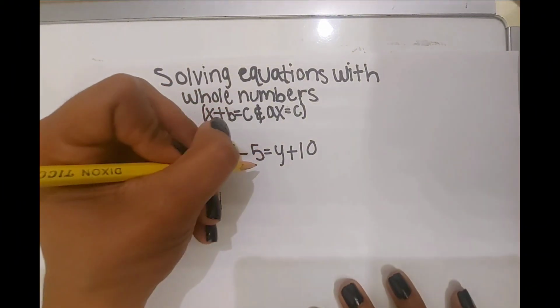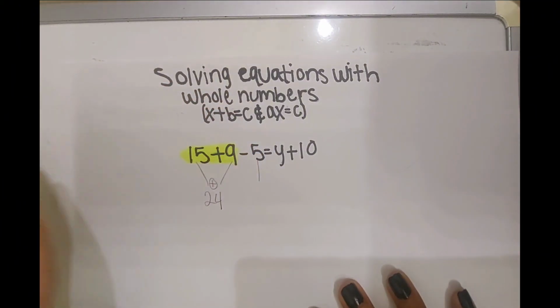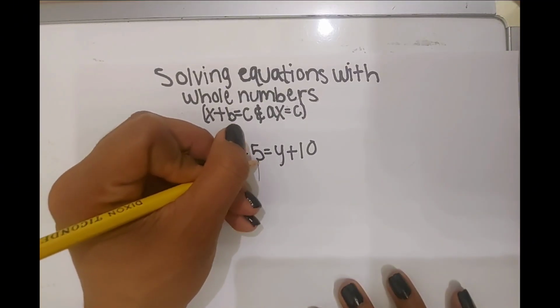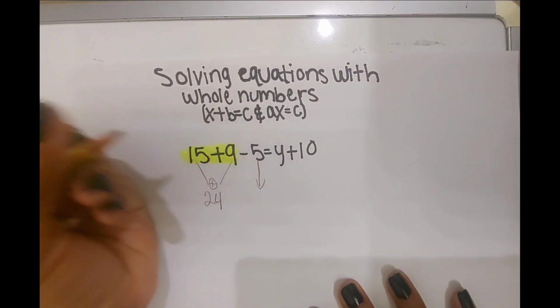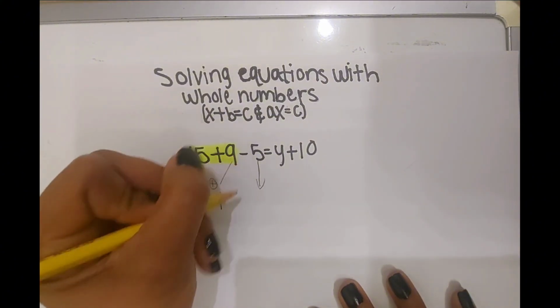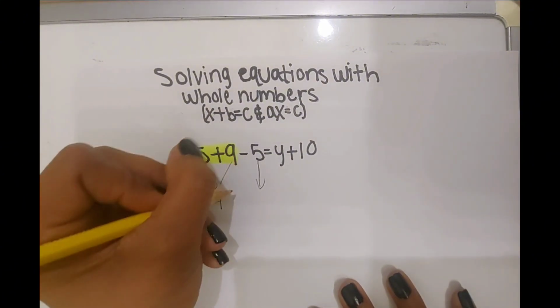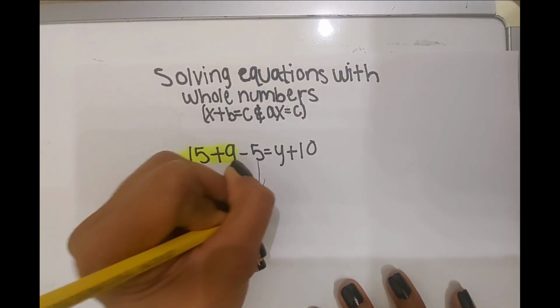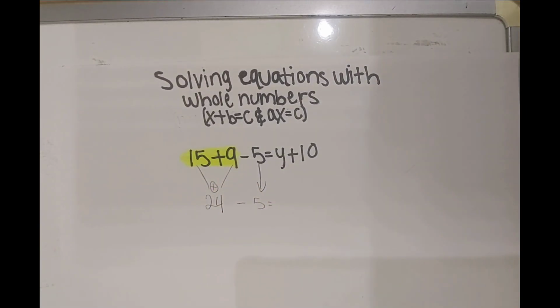Then what you do is you bring down these two. You just bring everything down. Bring down that as well. Minus 5. What did we say it was? It was 19.